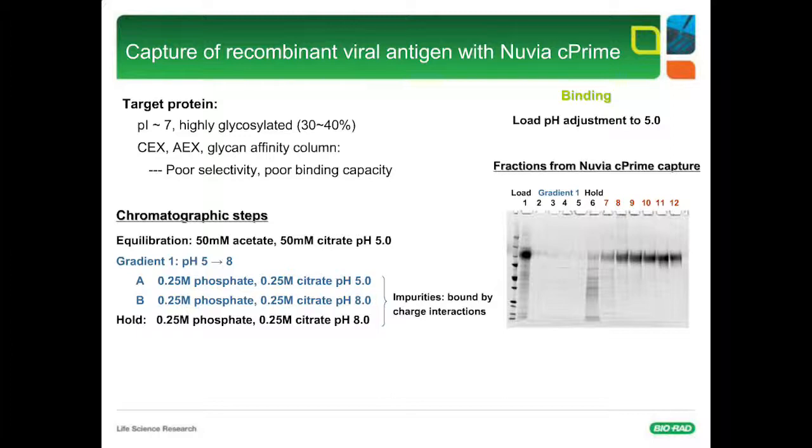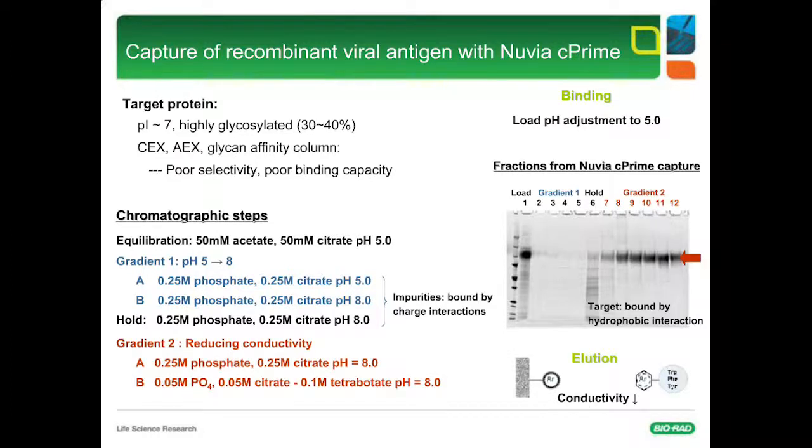When we are ready, we start another gradient to elute the target molecule. For gradient 2, we keep the pH at 8, but we reduce the salt concentration. And you see only the target molecule was eluted.